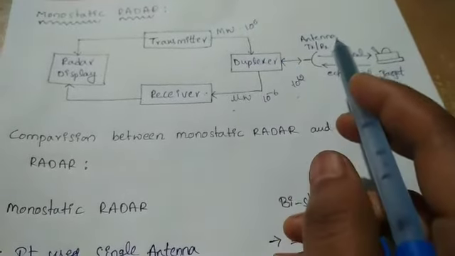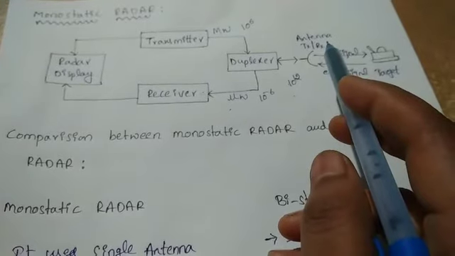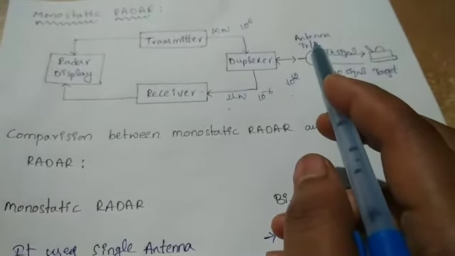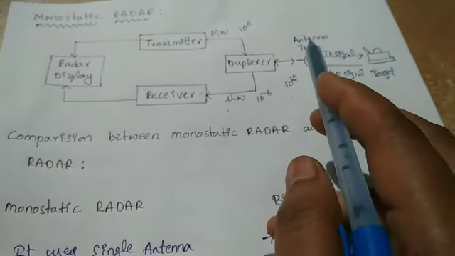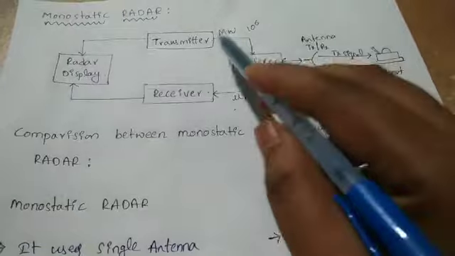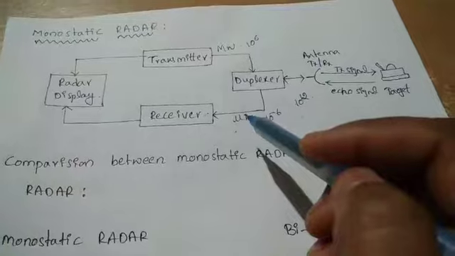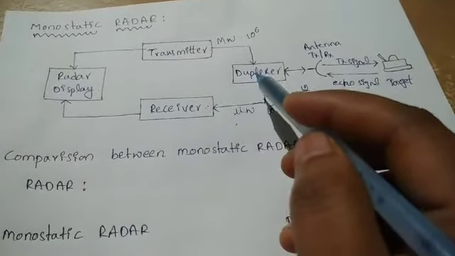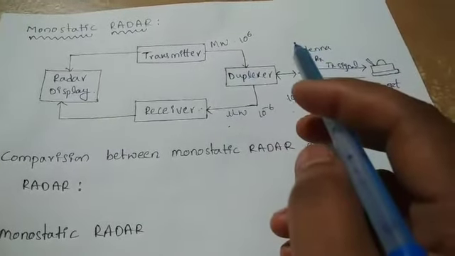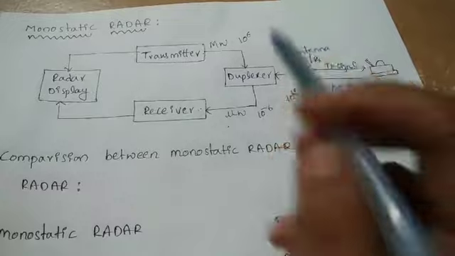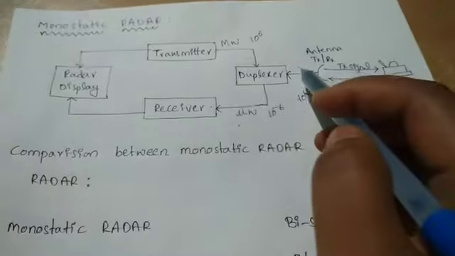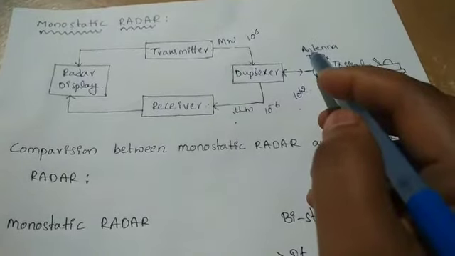The other use of the duplexer is to allow a single antenna for transmission as well as reception. As we have seen, the bistatic radar system had different antennas for transmitter and receiver, but in the monostatic radar system we use only a single antenna.